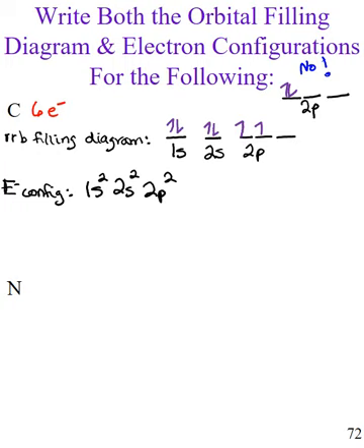So as a reminder, this superscript number is the number of electrons. The number out here, the coefficient, this is your shell.